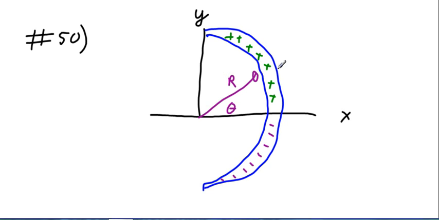And we're going to ignore the fact that there's some thickness there, probably. We might do that.